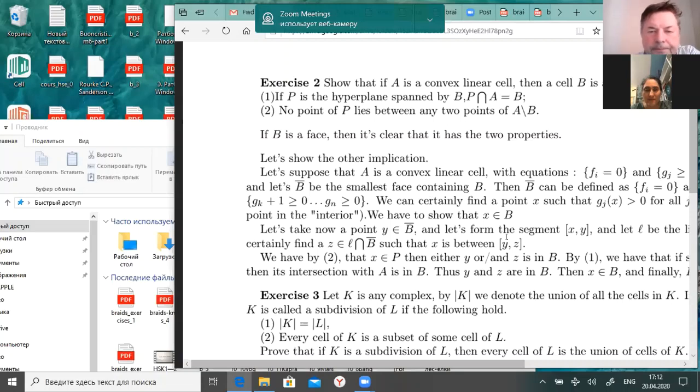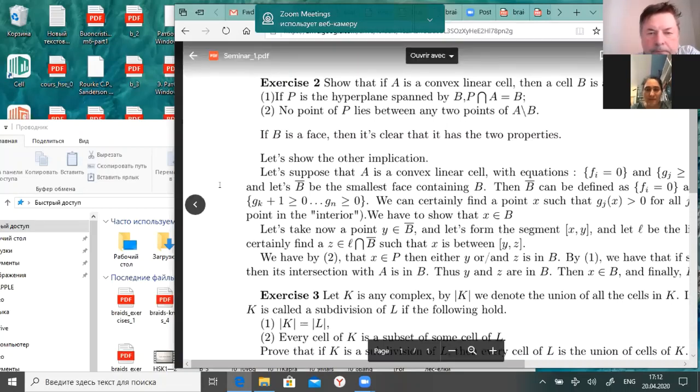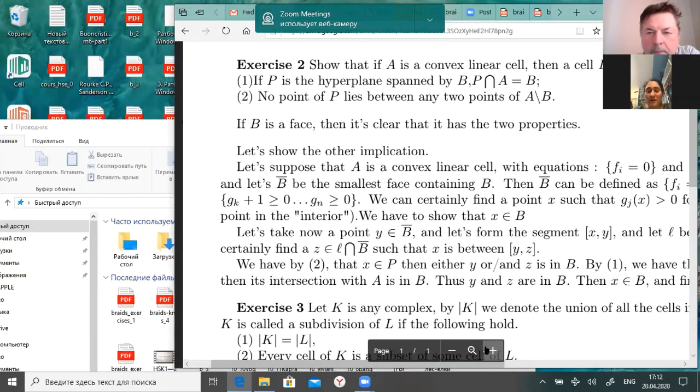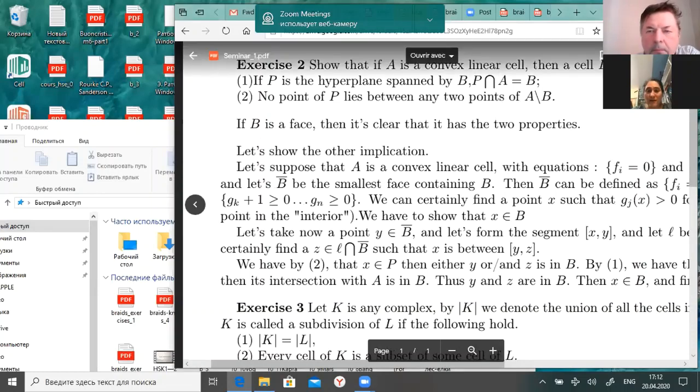B bar, exactly. Can you make the window big again? Yes, and so what do we have?